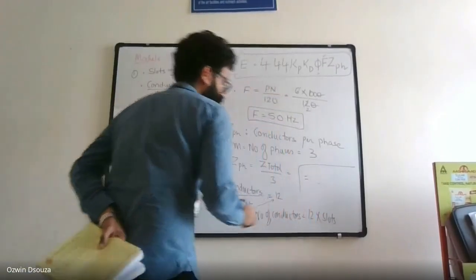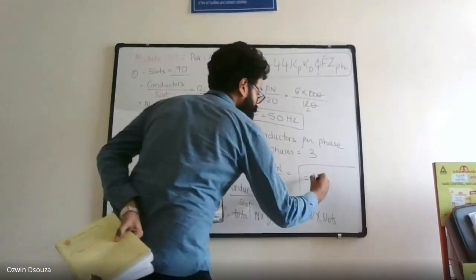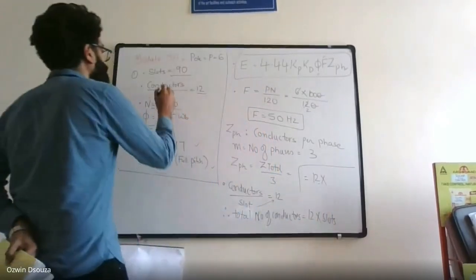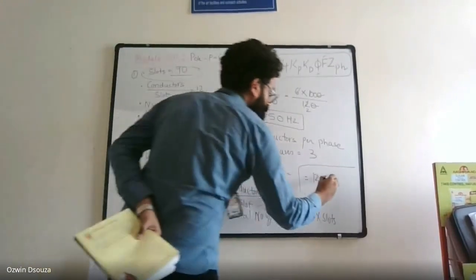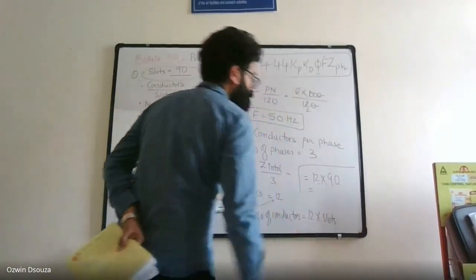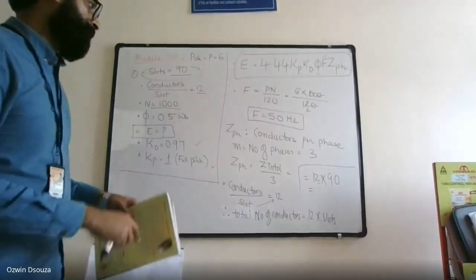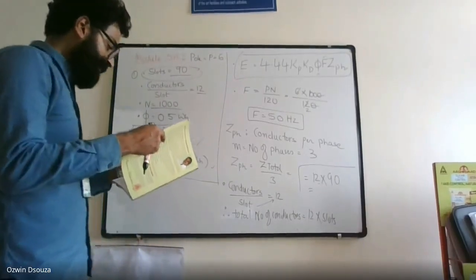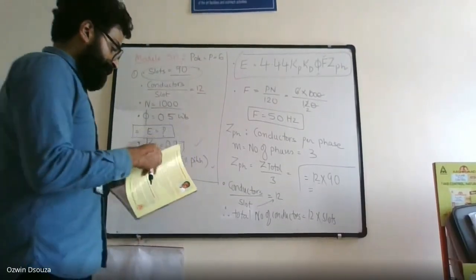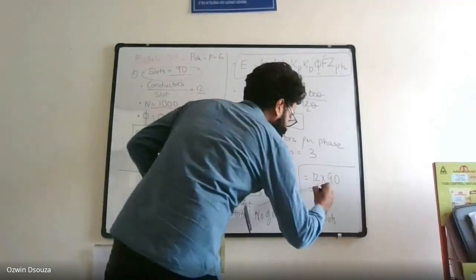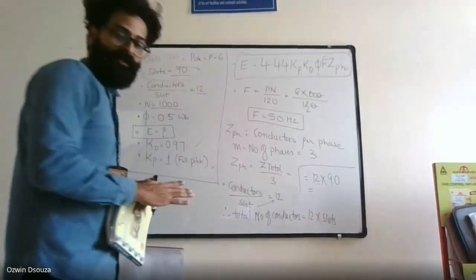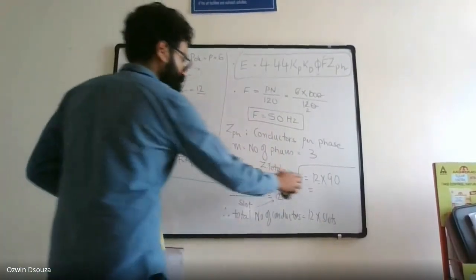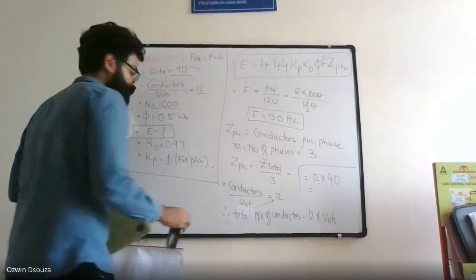So what do you get? Z total as 12 into slots. How many slots? 90 slots. So 12 into 90. You can write it 12 into 90 only. That's fine, and later you can substitute here. Okay.